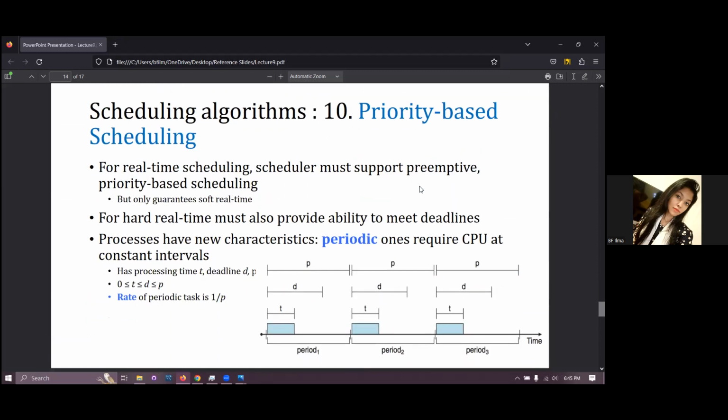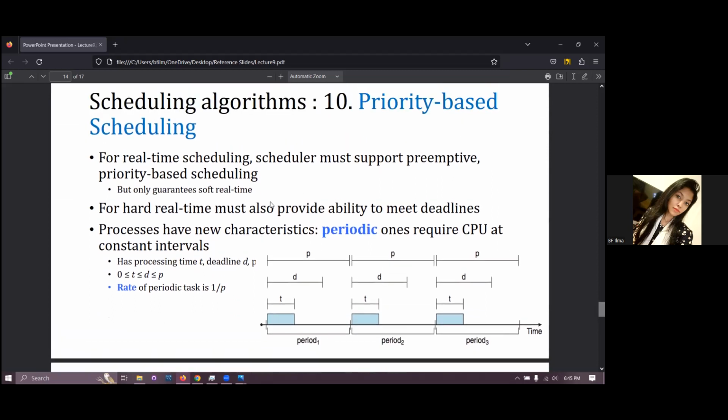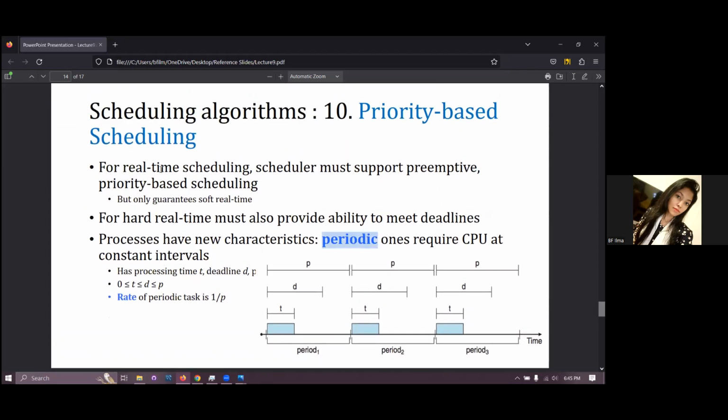The last thing is priority-based scheduling. Here we consider periodic processes for real-time systems.